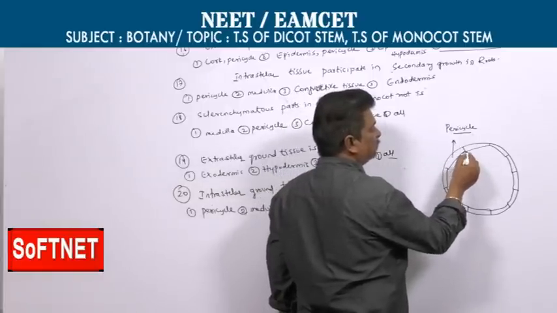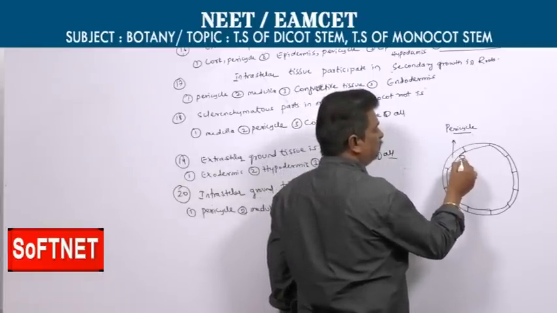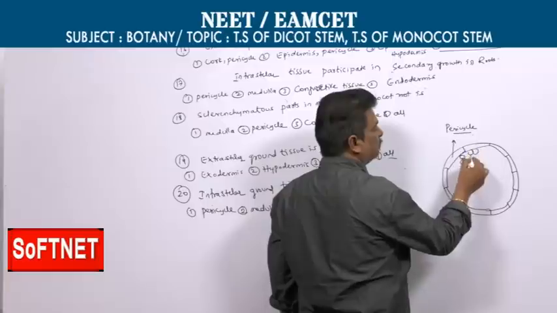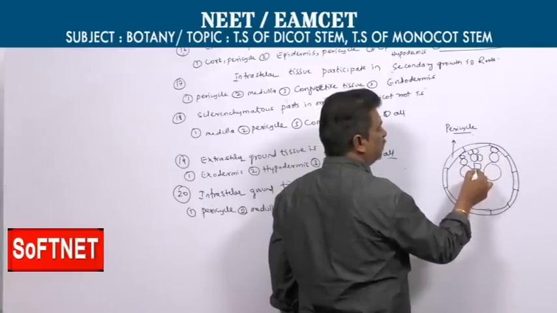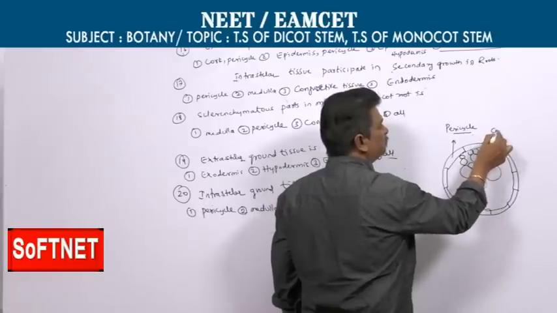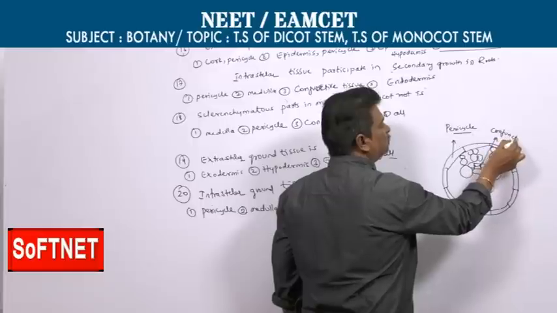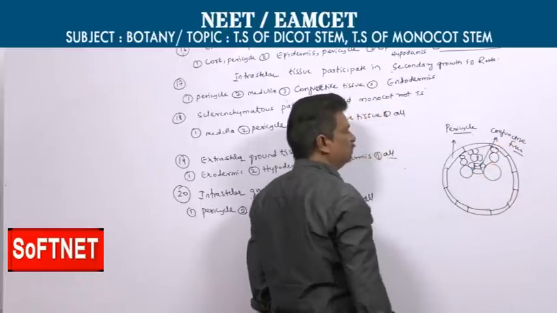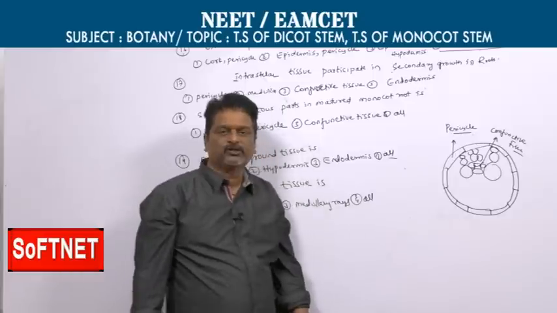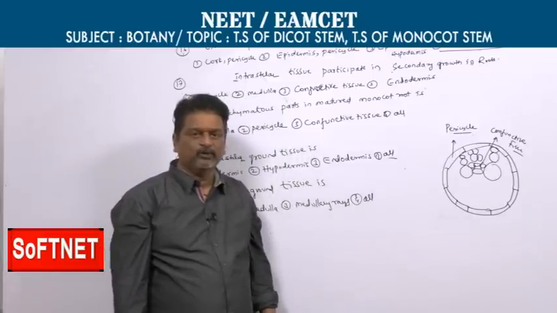In the same way, between xylem and phloem, the adjacent vascular bundles are connected by parenchyma. That parenchymatous tissue is called conjunctive tissue. Even conjunctive tissue produces vascular cambium.